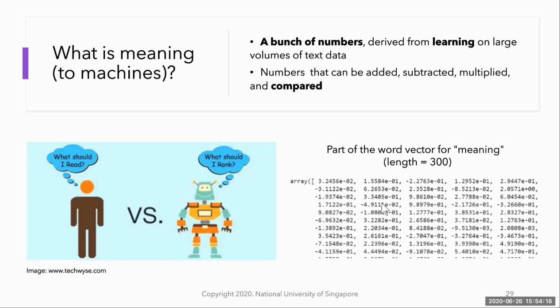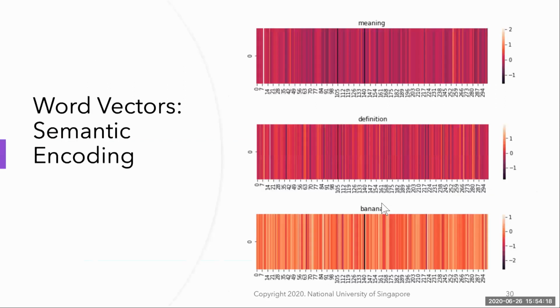Even I cannot read this. So one way to visualize it is to paint pretty pictures like this. This is the same word vector as earlier, and I just color coded it based on the value. Negative numbers are dark, positive numbers are light.